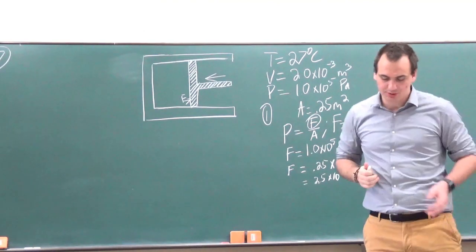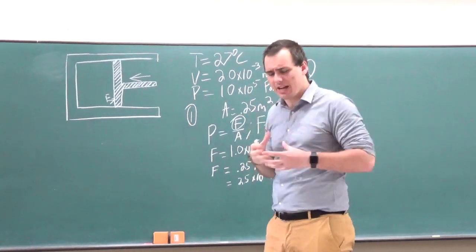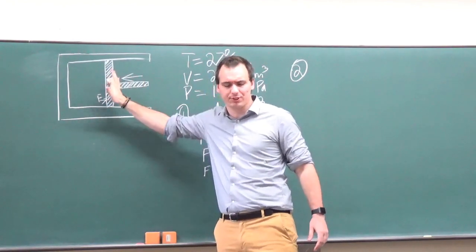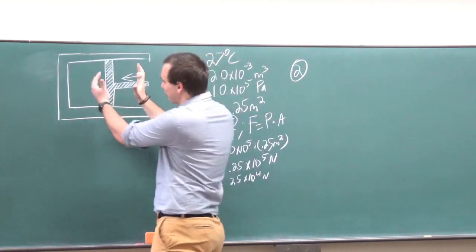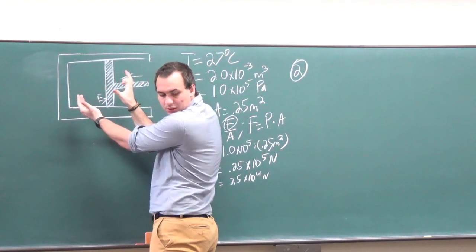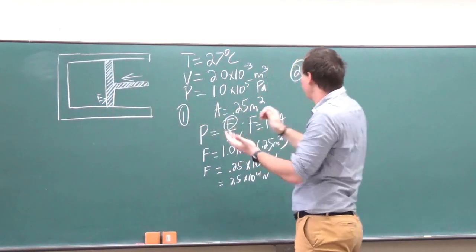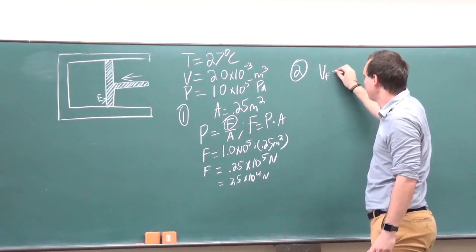Now, problem number 2 asks us something else. When the gas in the container is compressed by pushing the piston, the volume of the gas changes from its initial state to a smaller state. That smaller state, I'm going to write as V final.